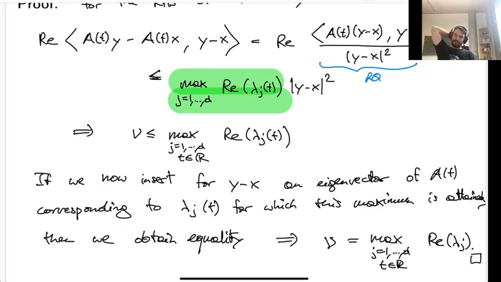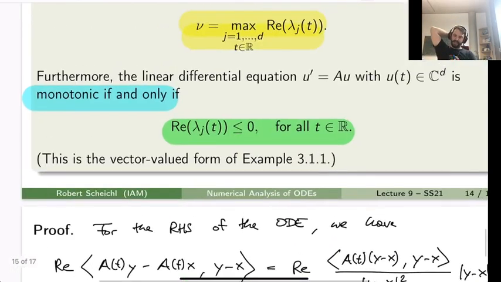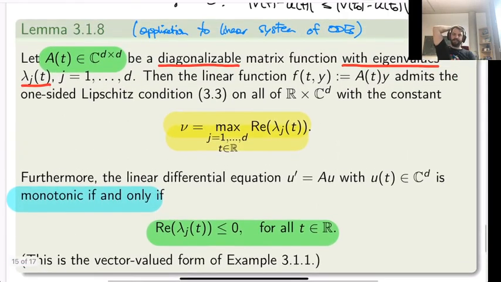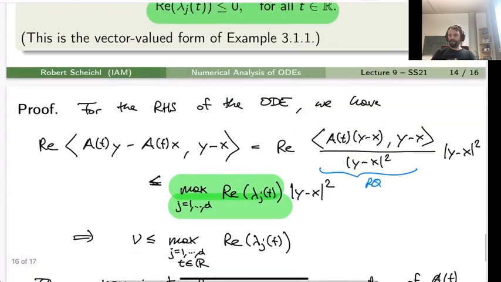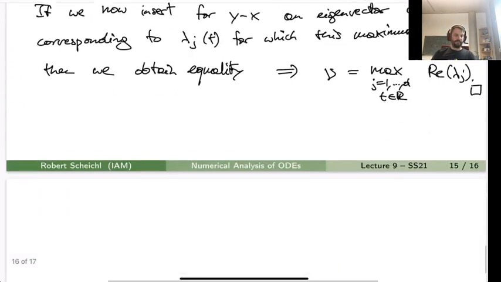Okay, so we now know that linear ODEs always satisfy this one-sided Lipschitz condition, with nu being the maximum real part of the eigenvalues of the linear operator, or of the matrix defining the linear operator.